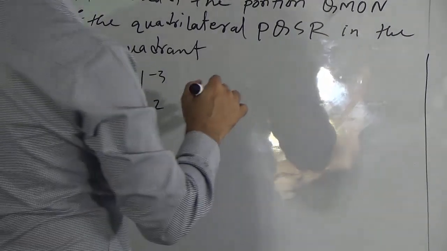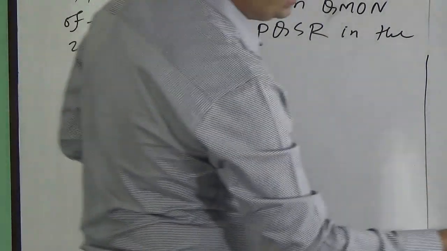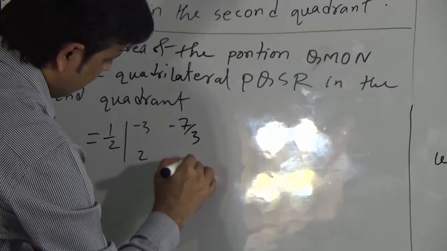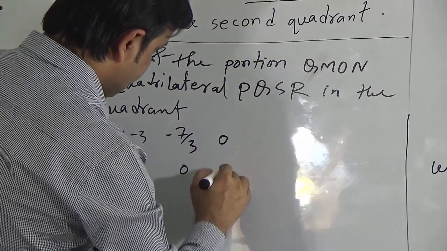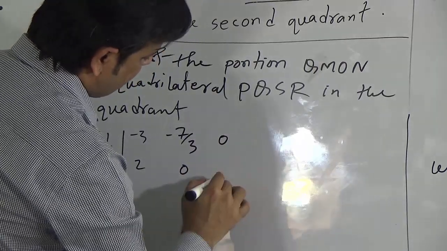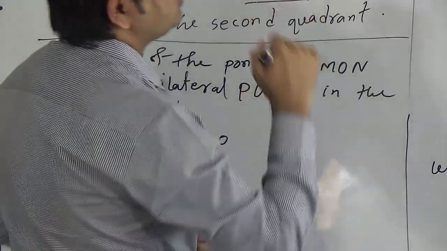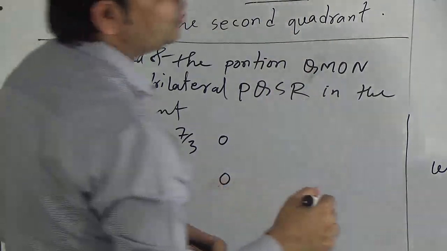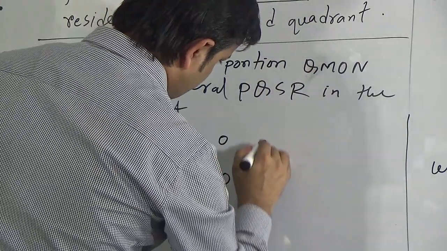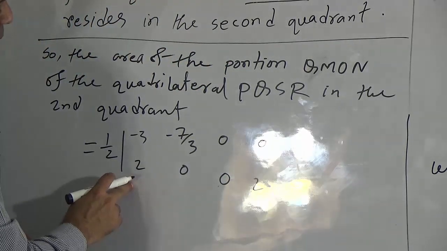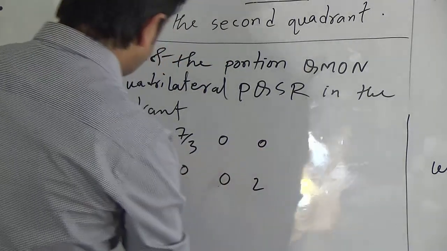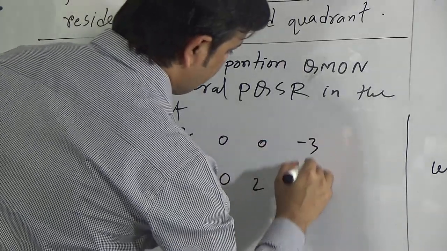Then M, which we have determined here, is minus 7 by 3, 0. And then O is the origin, with coordinates 0, 0. And the last point N has coordinates 0, 2. And at first we wrote the first point Q, that is minus 3, 2, so we have to write it again.